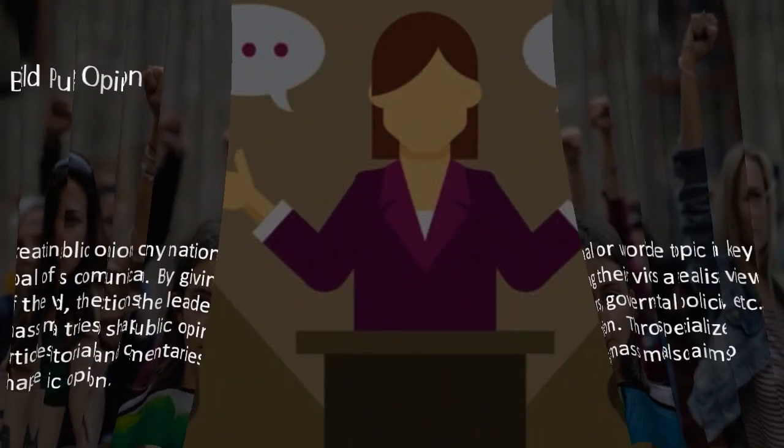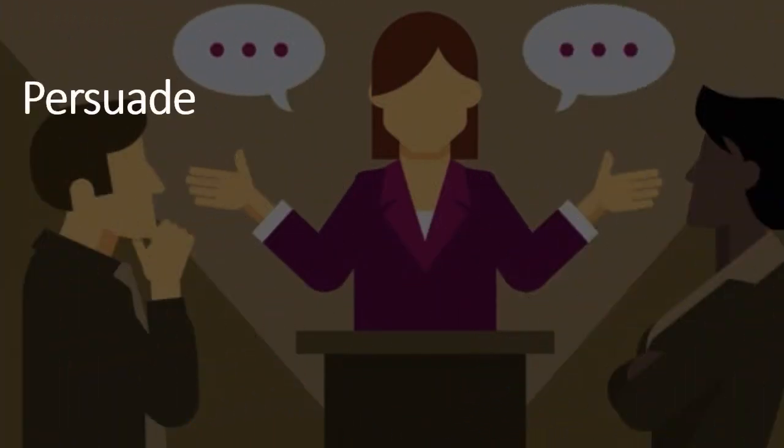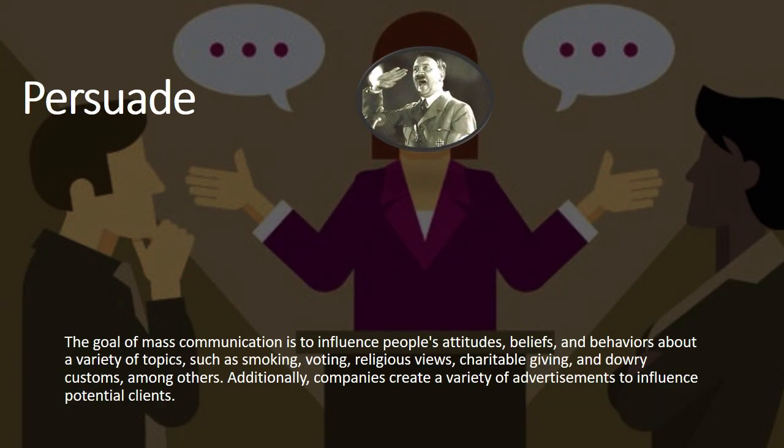Now moving on to the next part, that is persuasion. Mass communication influences people to persuade, and this particular thing is related to the marketing part. Be it any product, any service, from the point of view of the producers, they want to convince their consumers. So the target audience is the focus.